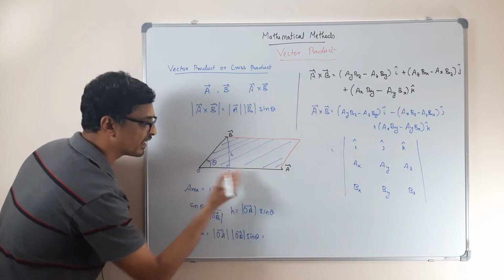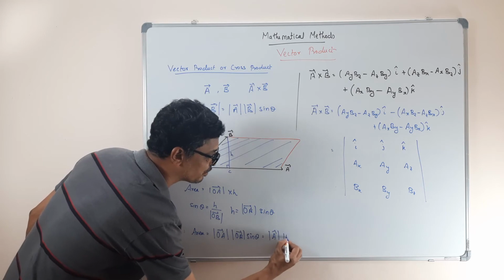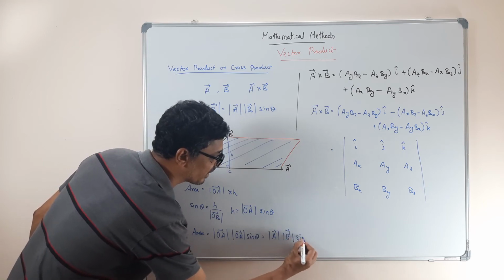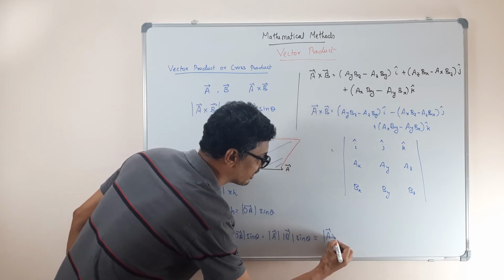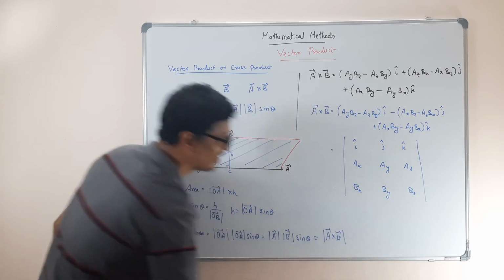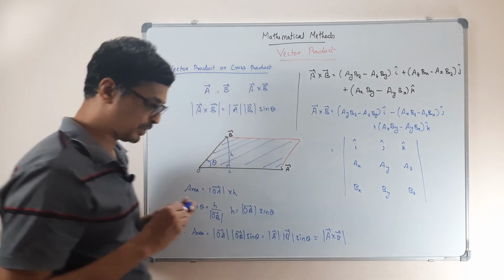So OA is what? That's our A vector. So that is A vector into B vector into sine theta. And that is the magnitude of A cross B. You got it? These are all simple.